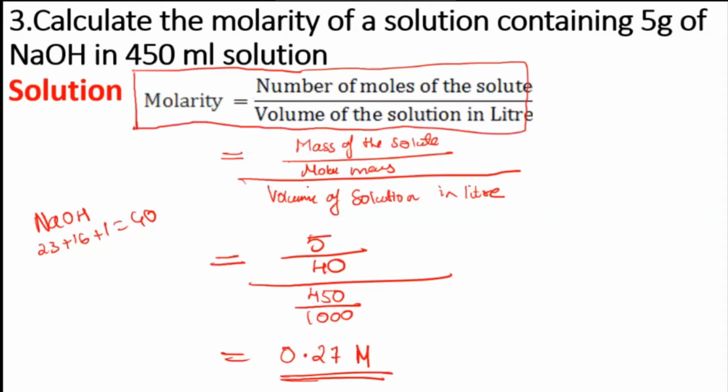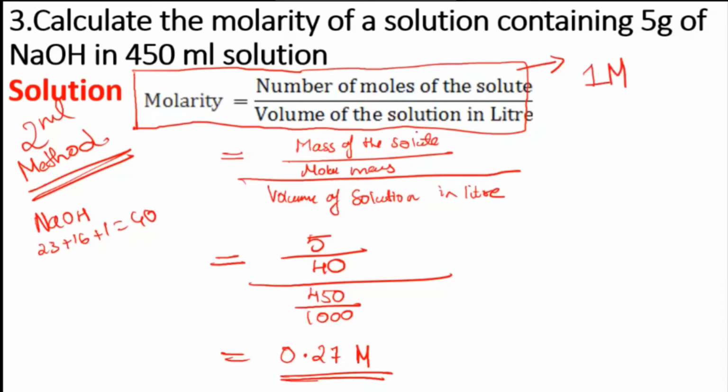I wrote the substitution because students should know what exactly they are substituting. If this problem is asked, 1 mark they will give you for writing the formula. 1 mark is given for substitution.